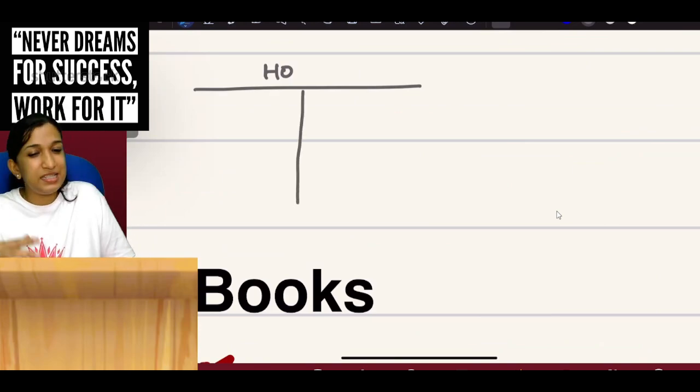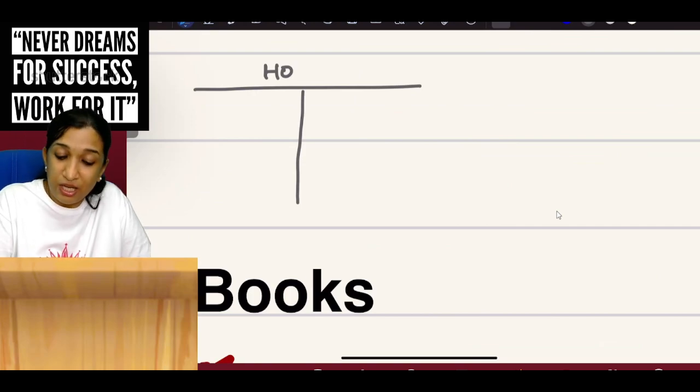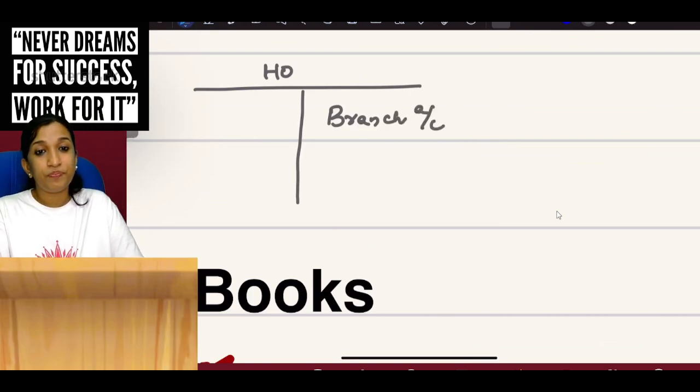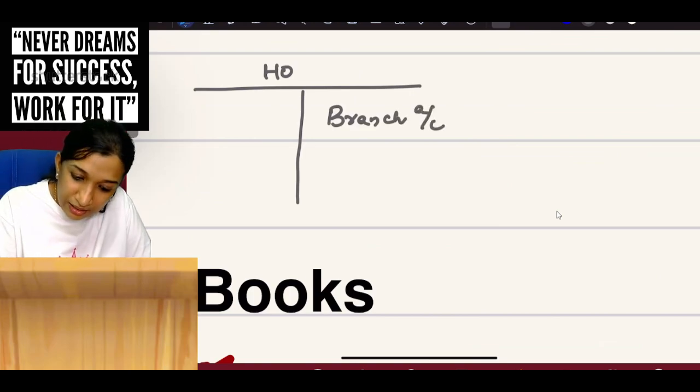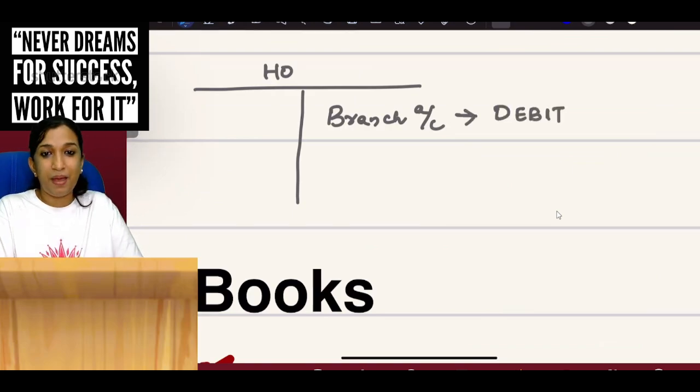Yes or no? Whether it is independent or dependent, head office spends a lot of money for the branch. So whatever is spent by head office will be debited to the branch account. In the books of head office, the branch account will always have what balance? Debit balance.